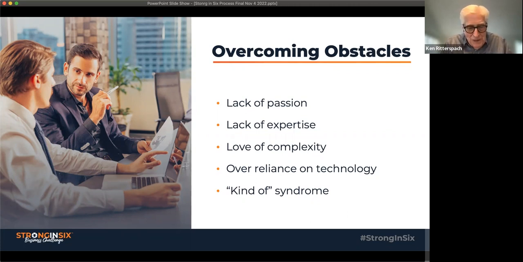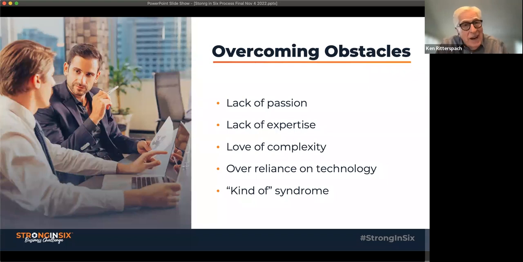Well, kind of. Well, let's see. So when you hire people, do you review the values? Well, kind of. When you onboard people, do you show them your processes? Long silence. Do you have processes? Well, I think so, right? So it's the kind of syndrome that's going to kill you, right?